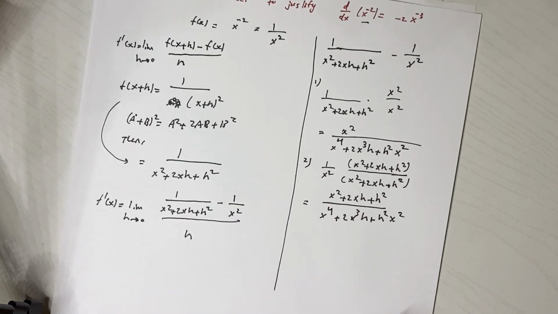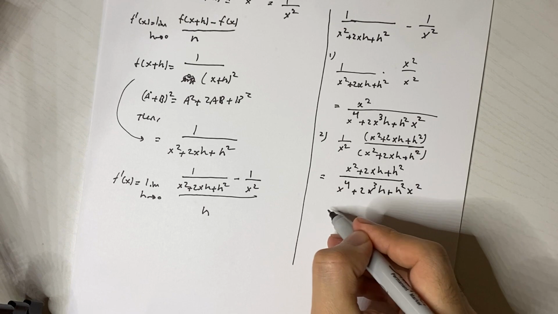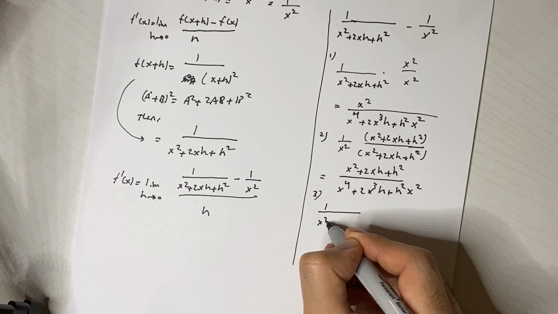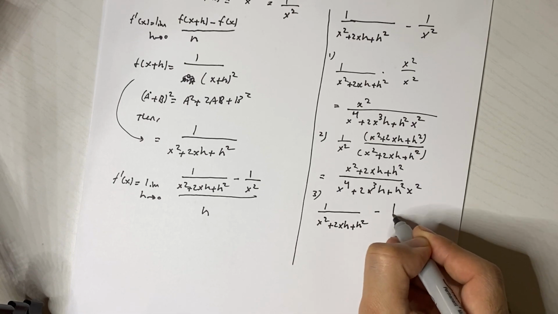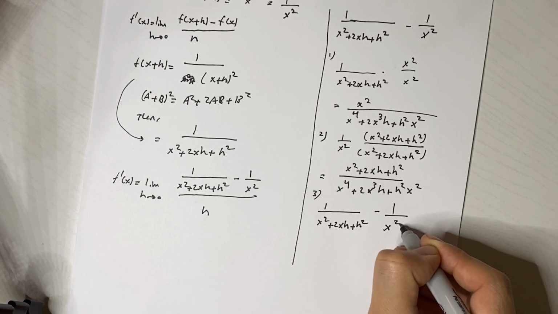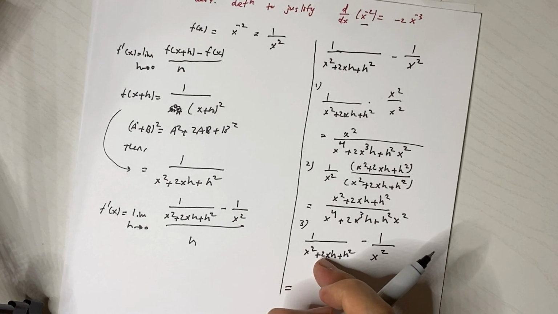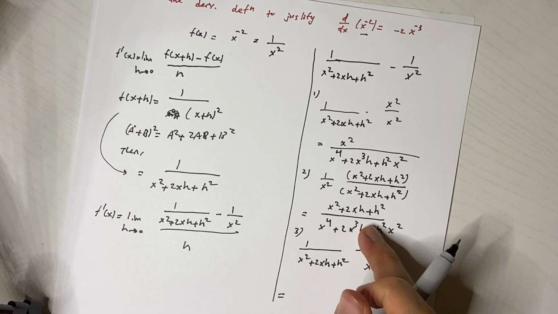Now third step, we'll take the whole term and then subtract. So here I'm just rewriting that fraction, and now I'm writing the results from these steps back.